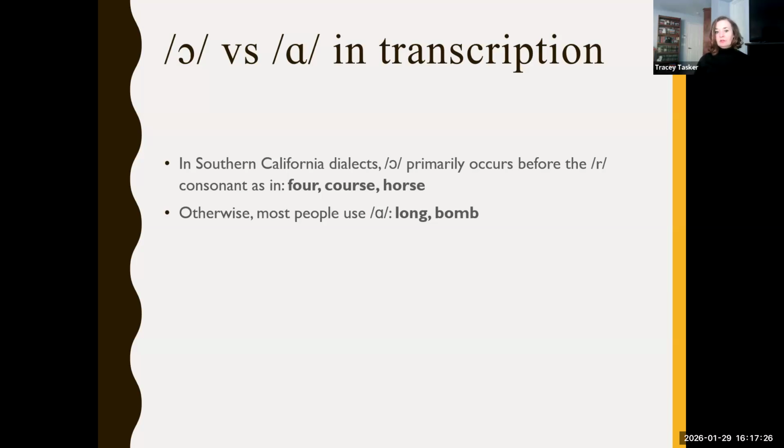So if you are from Southern California, you will mainly recognize it before R. We'll talk about R colored vowels later on. Don't worry about that too much now. But you may sometimes, again, hear or transcribe aw as ah.